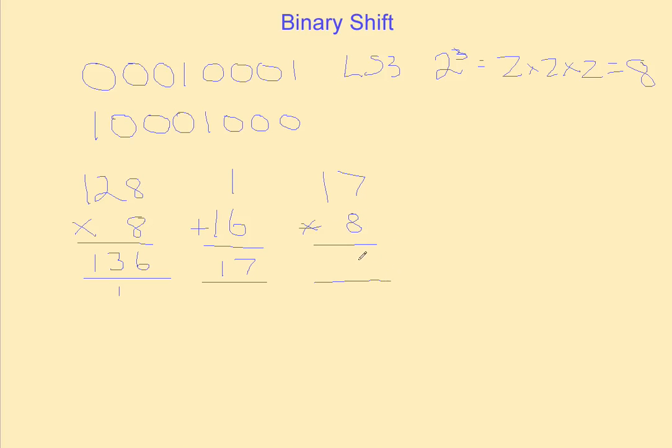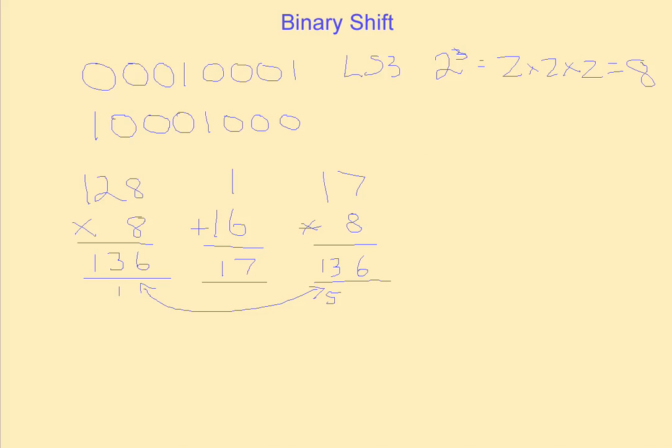Well, 8 sevens are 56, so 6 and 5 carried. 8 ones are 8, and 5 is 13, 136. So our original number multiplied by 8, or 2 to the power of 3, is 136.